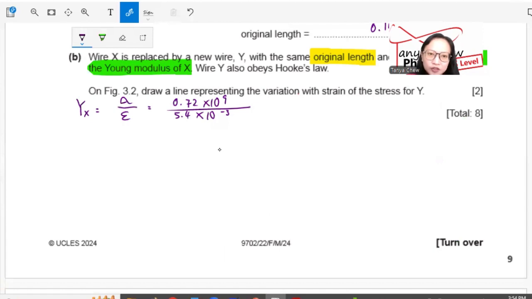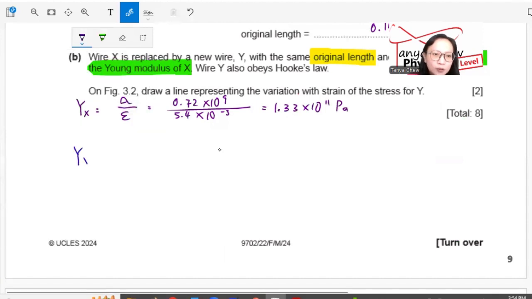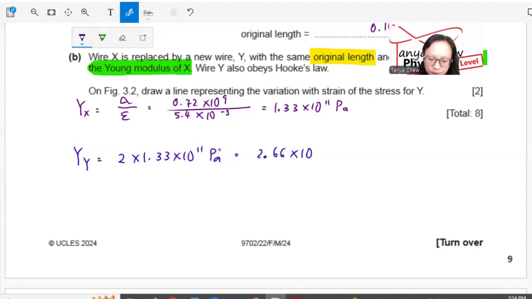So my Young modulus of X is 1.33 times 10 to the power of 11 Pascal. And now they told us that the Young modulus of Y is double. So all you need to do is double 1.33 times 10 to the power of 11 Pascal. I got 2.66 times 10 to the power of 11 Pascal as the answer.